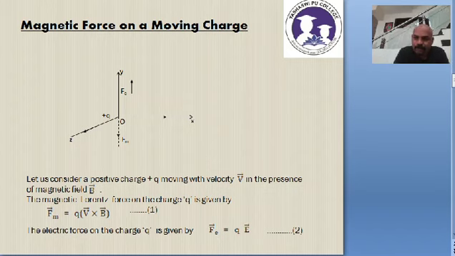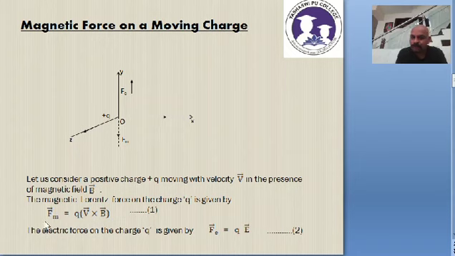But when it comes to the direction of the magnetic force, notice here, because it is the cross product, Fm is equal to Q into V cross B. The direction of the magnetic force experienced by a positively charged particle is given by the cross product.